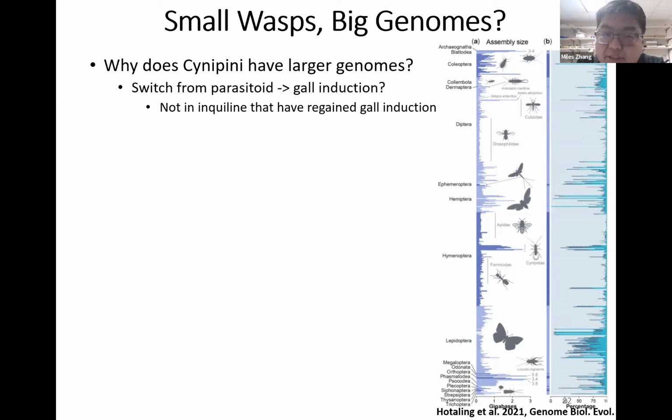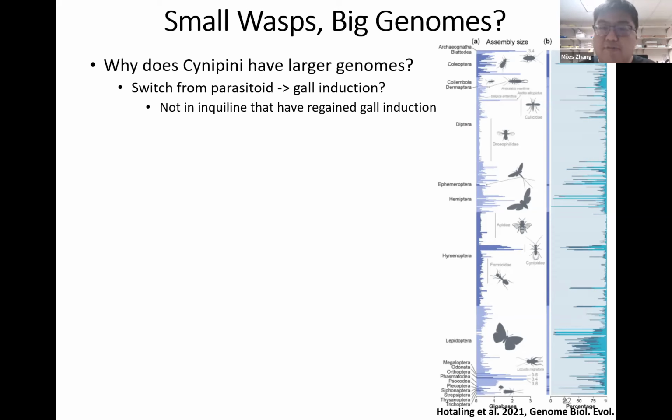There's one Japanese gall wasp that's an inquiline that has secondarily regained the ability to make galls. This is Synergus itoensis, and they've sequenced the genome for this species as well because they're interested in this difference, because every other Synergus is an inquiline except for this one.